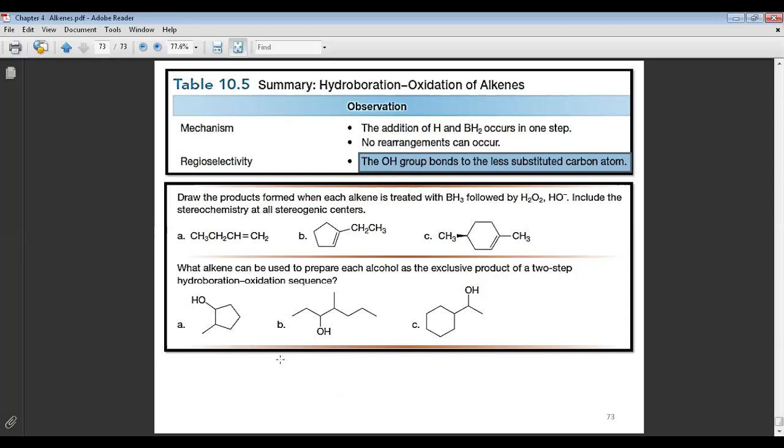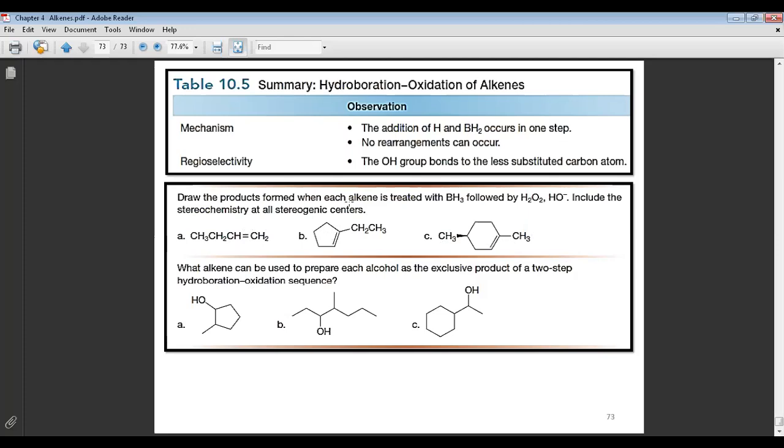Now, this homework: draw the product when each alkene is treated with BH3 followed by H2O2 and OH minus. That means hydroboration oxidation. I want you to write the product from this starting material, and also this, and also this.